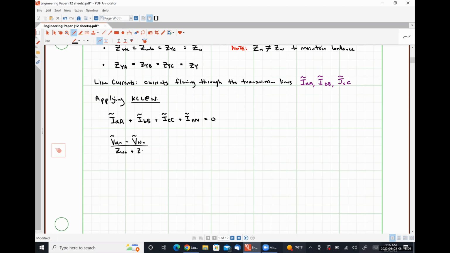ZWA plus ZYA plus VBN minus VNN over ZWB plus ZYB. Actually, sorry, these should be capital letters because that's what I've been using.